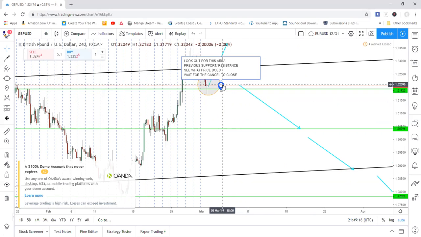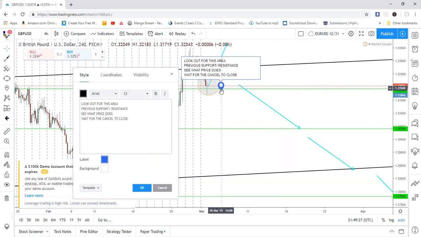Okay, so just look out for this area. It's previous support and resistance, and just see what price does. Wait for the candle to close around in this area.